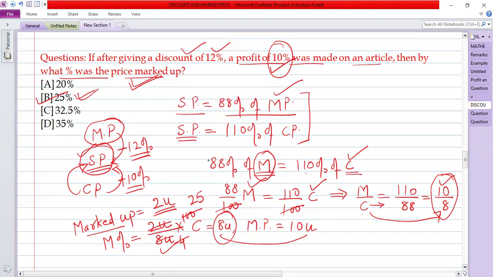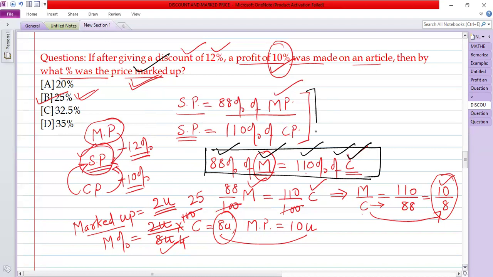Actually, for this question, if someone has the understanding, then one can directly start from this equation: 88% of marked price will be 110% of the cost price. Once this equation is there, we will have this ratio, and then we have to understand its meaning.